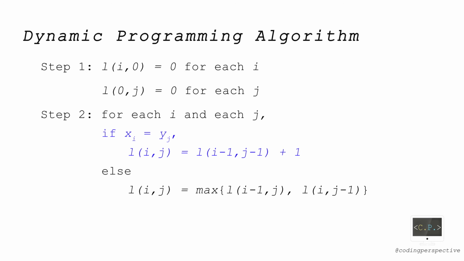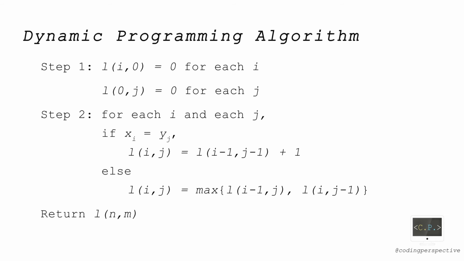If xi and yj match, we can extend the longest common subsequence for the sequences up to xi-1 and yj-1 so that L(i,j) is equal to L(i-1,j-1) plus 1. If xi and yj do not match, we cannot extend any longest common subsequence so that L(i,j) is equal to the maximum of L(i-1,j) and L(i,j-1). Lastly, we return L(n,m).